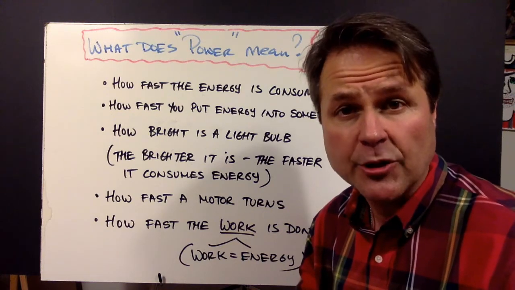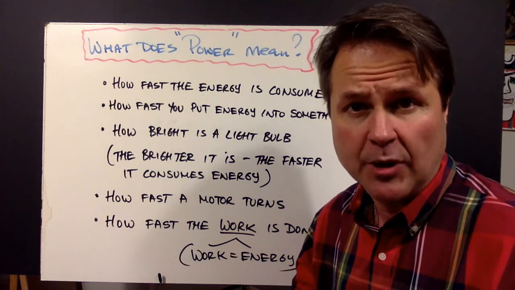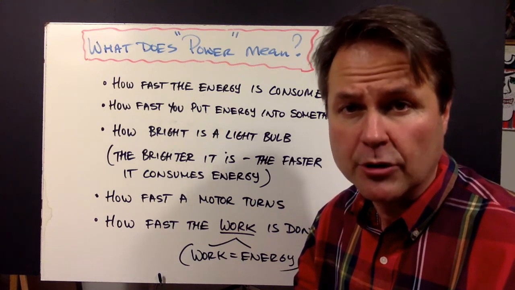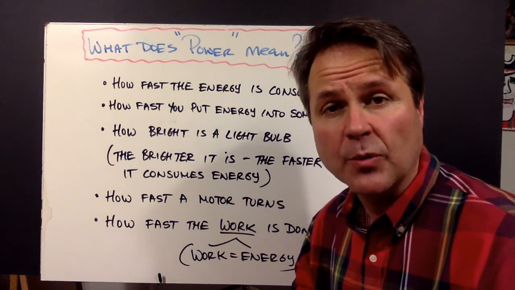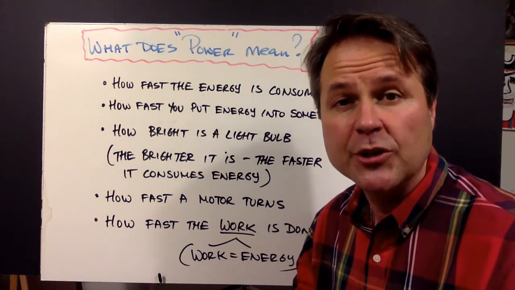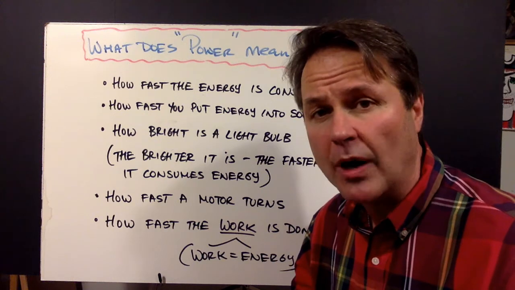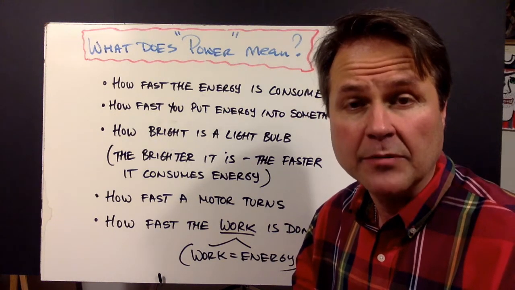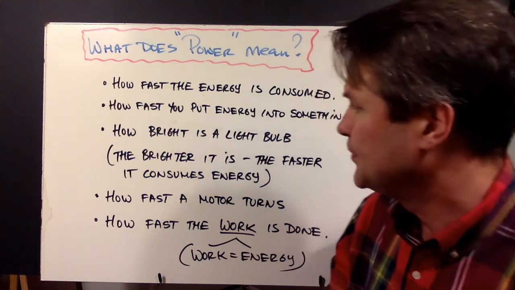We know that we measure the brightness of a light bulb in terms of its wattage, which is in terms of its electrical consumption. A 100 watt light bulb consumes more energy than a 60 watt light bulb. And therefore, a 100 watt light bulb will produce more light.